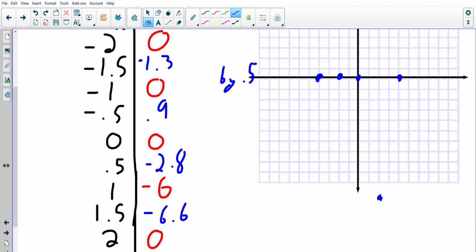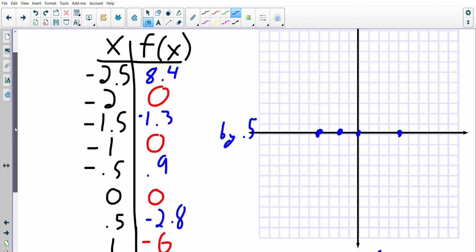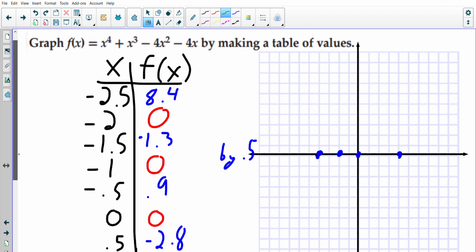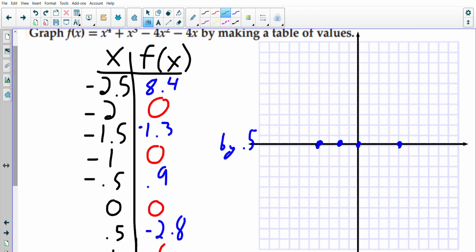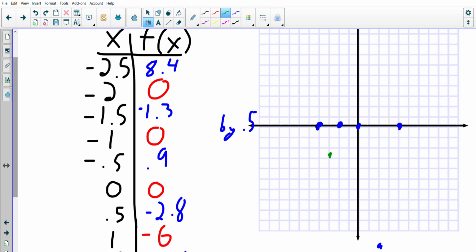So now I have a little bit more information to graph this. If I go to -2.5, I go to 8.4, and that is way up here. 1.3 is approximately right there. 0.9 at -0.5 is right about there.